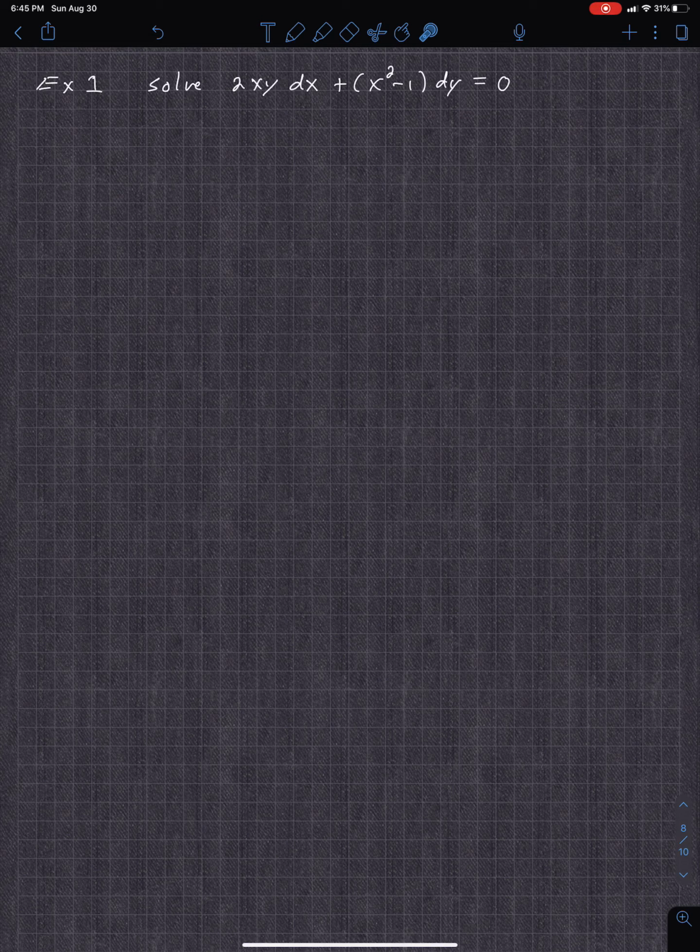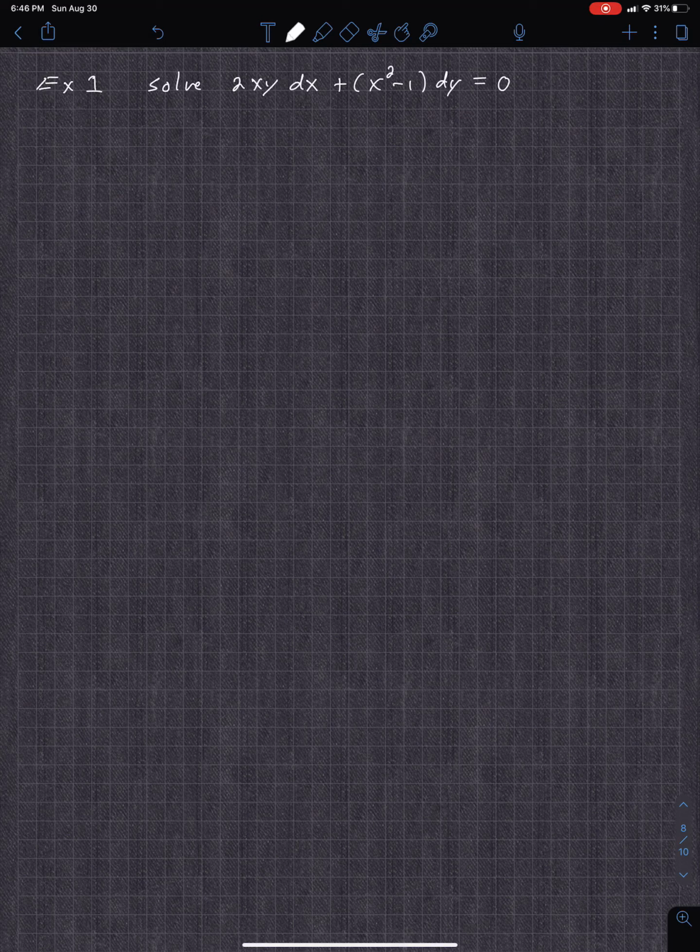Can you separate variables? Yeah, you probably could. You have to divide out by one of those values, which would be a little weird, but you could divide out by the x and then bring it back over. You could use separation of variables, but we're not, because we want to do it this way.